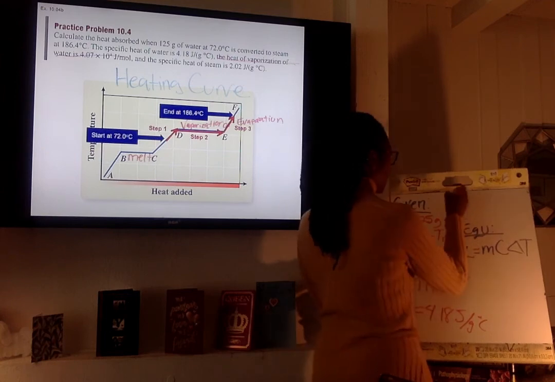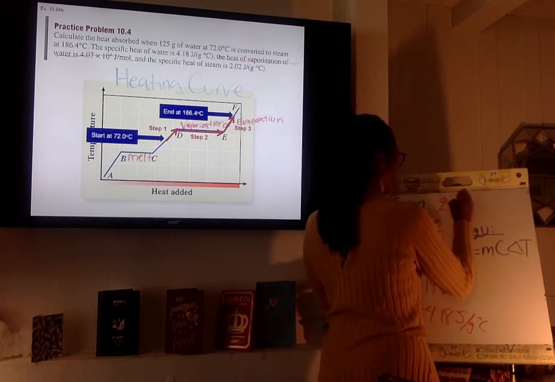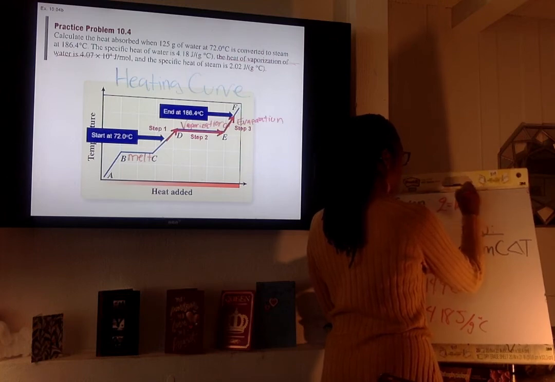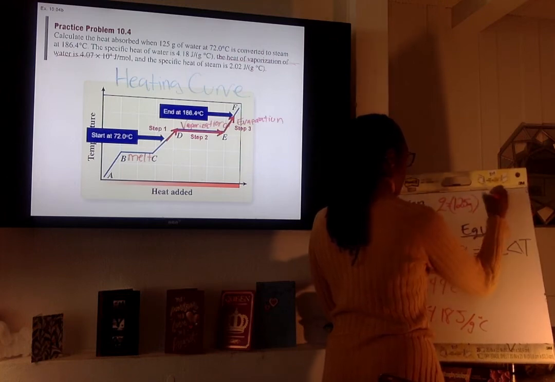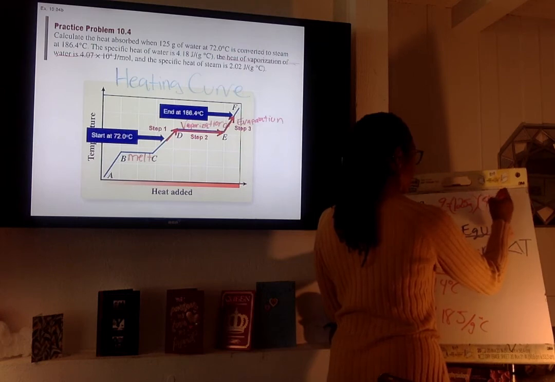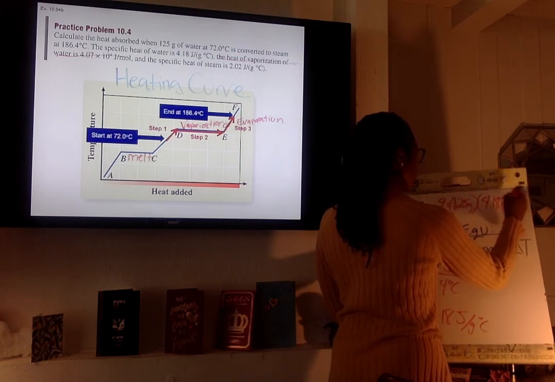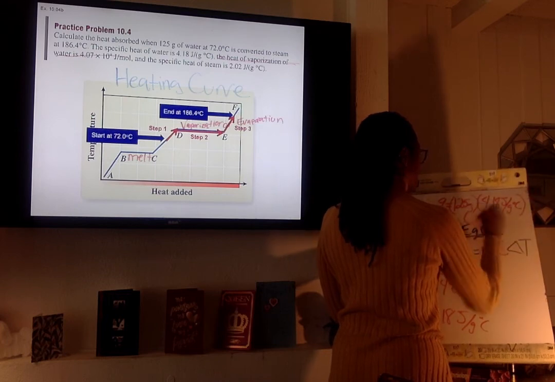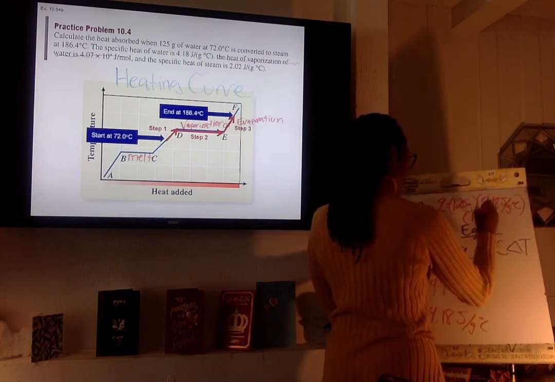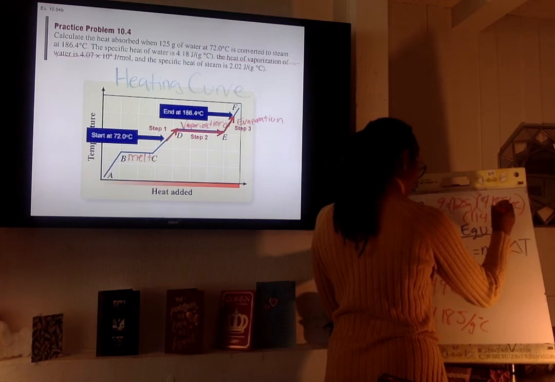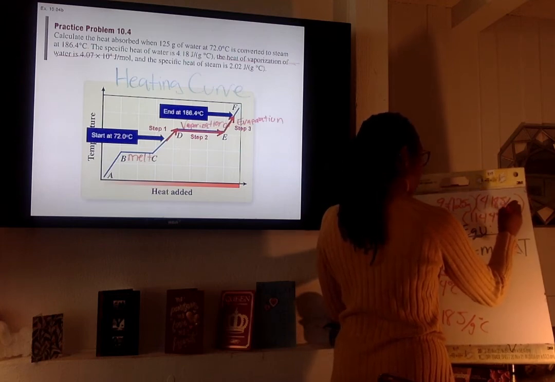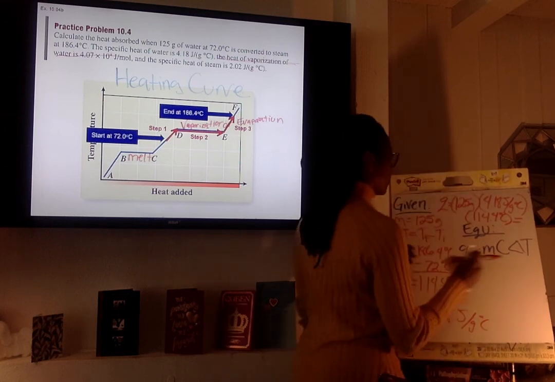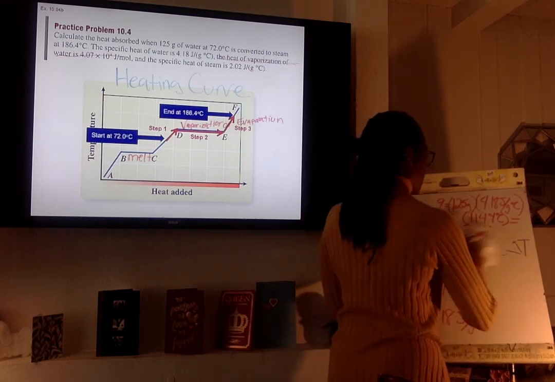So my equation is Q equals 125 grams times my specific heat, which is 4.18 joules per gram degrees Celsius, and that's all times my 114.4 degrees Celsius. I'm going to erase this problem here.